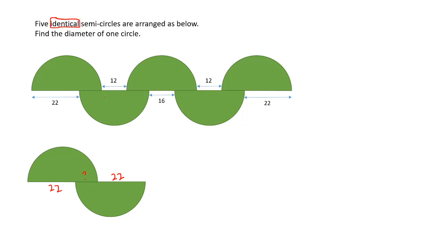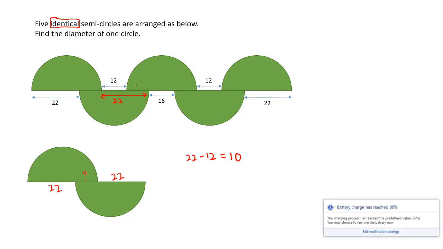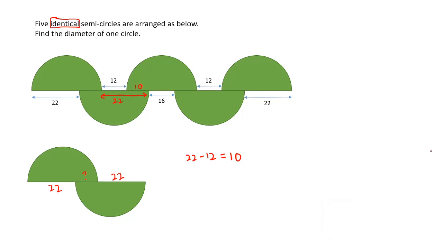It means that here is 22. Correct? Then your first part will be 22 minus 12, which gives you 10. Because this part is 22 minus away 12, this part is 10. The same goes for here.